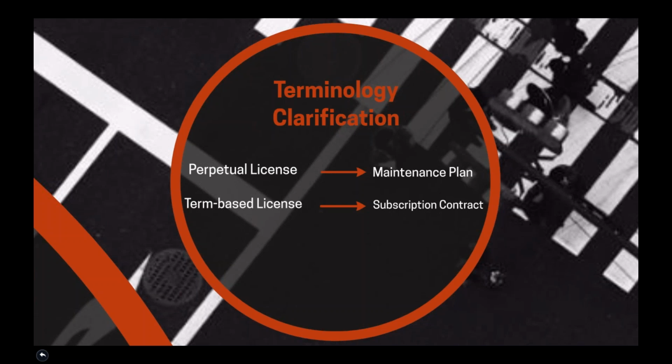So if you purchased a perpetual license and you have been paying an annual renewal to give you the rights to the most current version of the software, then you are technically on maintenance. The reason that this is important is because the term-based model that Autodesk will be encouraging you to migrate to is also called subscription. So we just want to clarify that and get that out of the way, because in conversations that I've had with clients, they said, hey, I thought I already was on subscription. Now you're actually on maintenance.